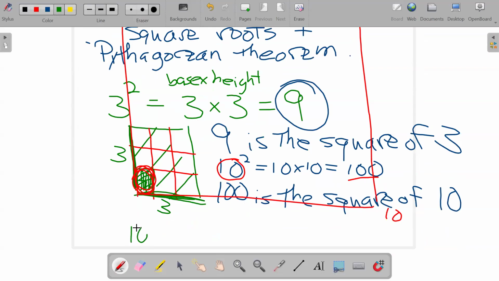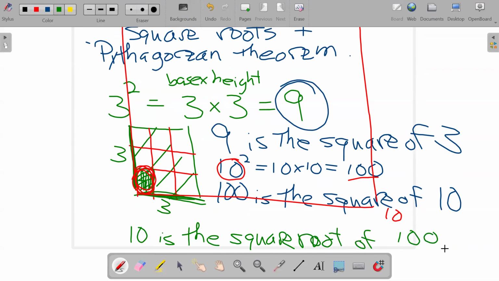Reversing that, 10 is the square root of 100. So the square root of 100 is 10. Correct.